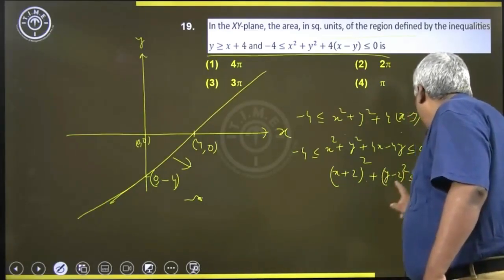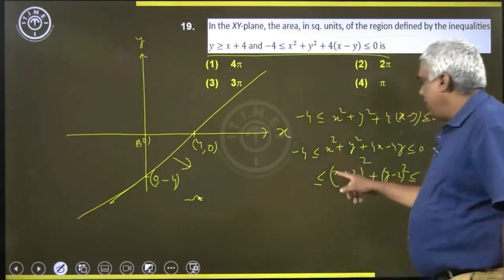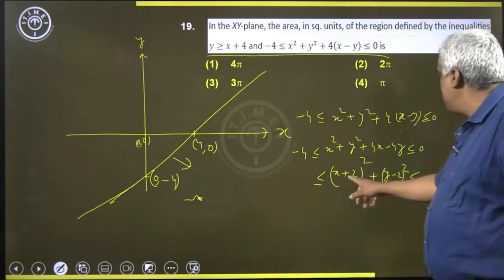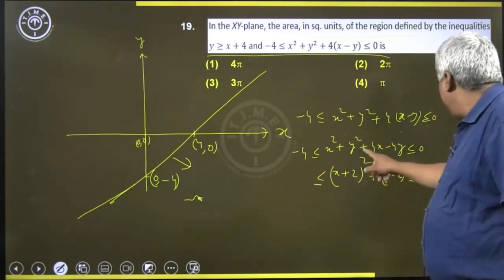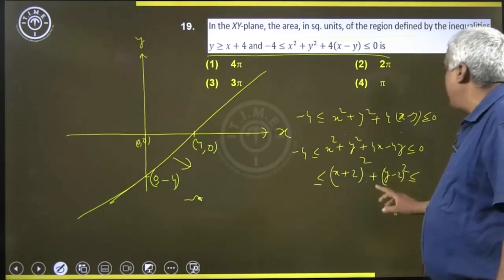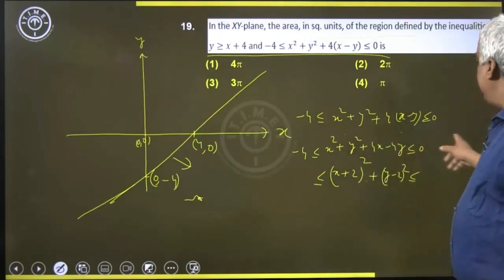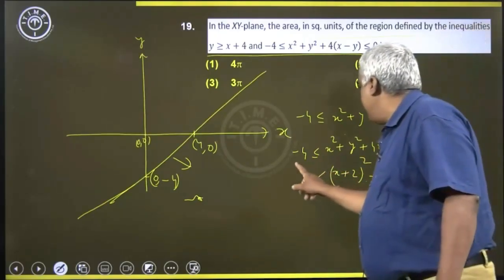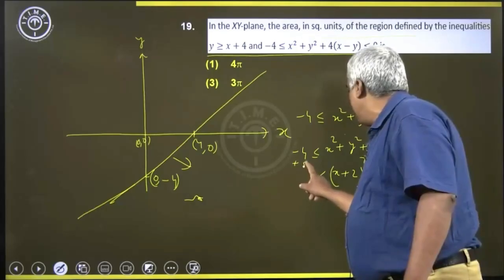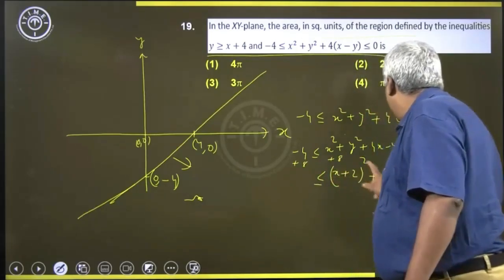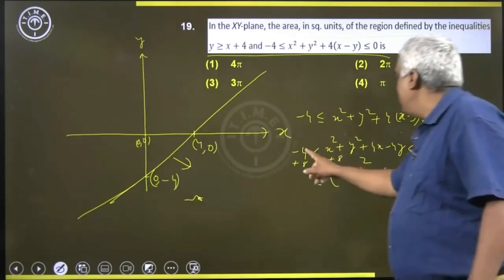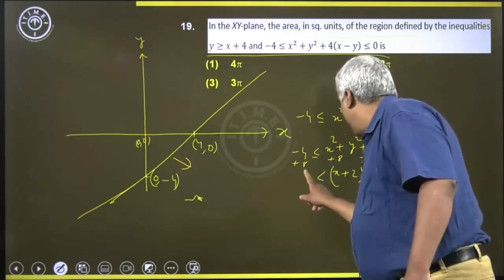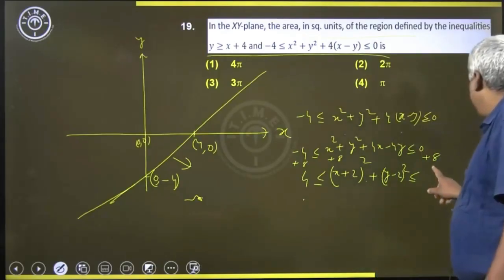I have taken extra 4 here also, 4 plus 4, 8. So, what I am doing is, I am adding 8 to all the 3 sides. The inequality sign will not change. So, minus 4 plus 8 will be 4, okay, and this will be 8.